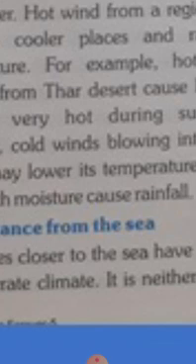So distance from the sea also affects the climate of a place. The coastal regions, the places near the sea, always have a humid climate, because the wind that blows from the sea brings a lot of moisture, a lot of water vapor. That is why these areas get a moderate or humid climate.